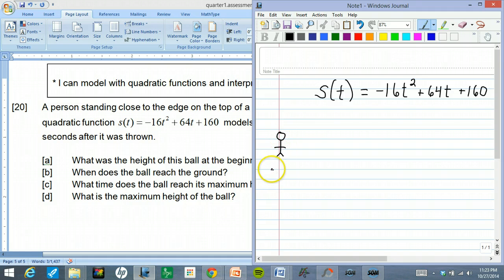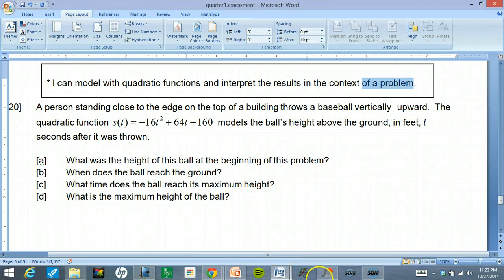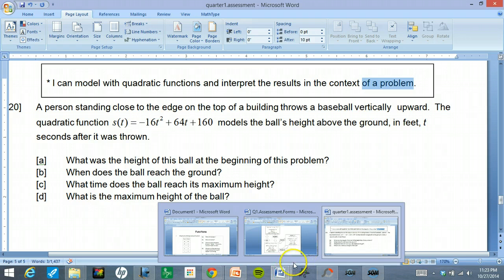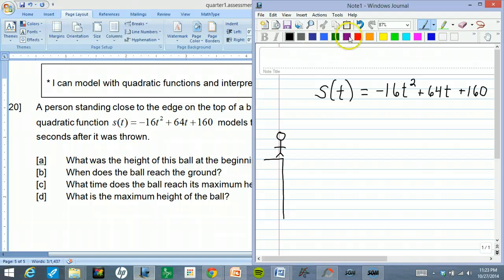standing close to the edge of the top of a building. Careful, buddy. He's kind of levitating right now. Pretty neat. And he throws a baseball vertically upward. Well, I don't know about the physics involved in this question, but let's make his baseball baby blue. So he's throwing this baseball vertically upward, and there it goes.